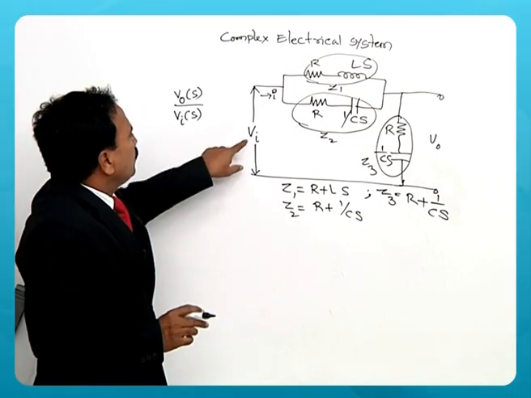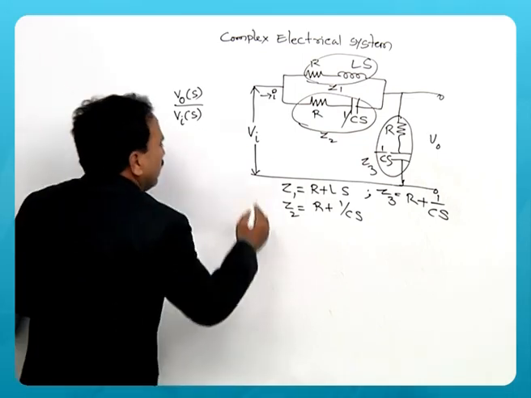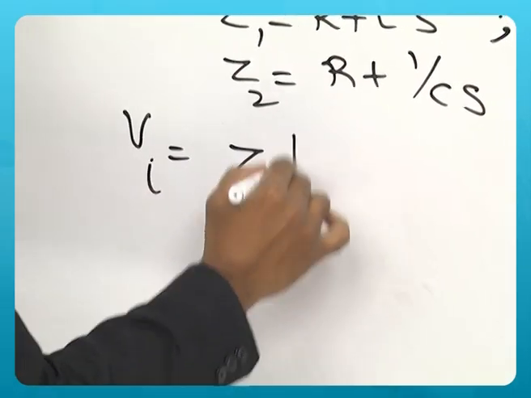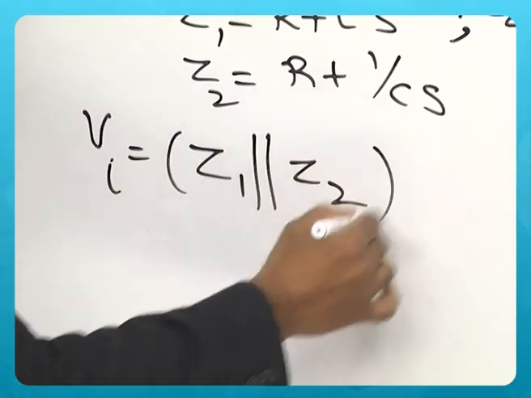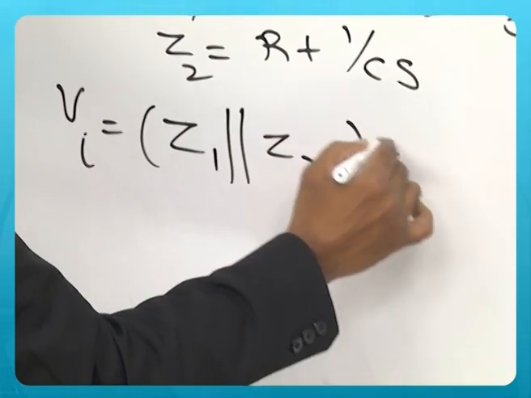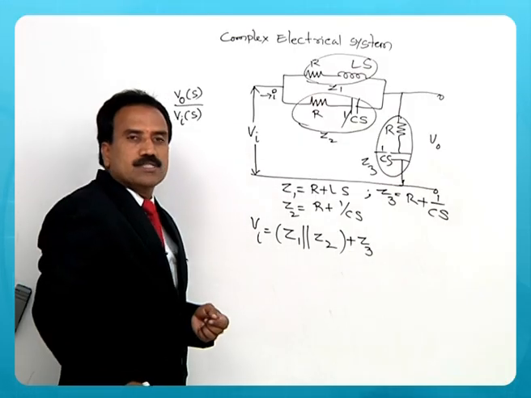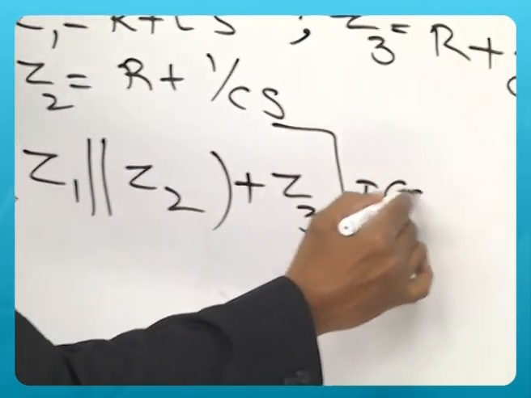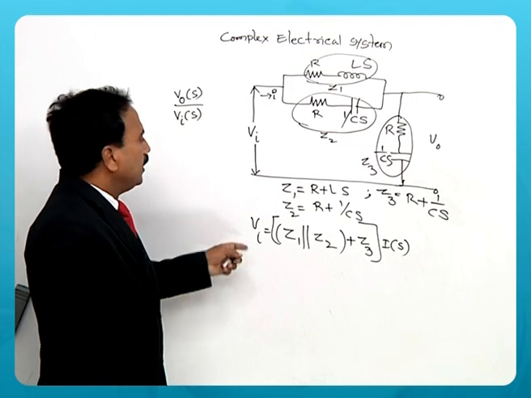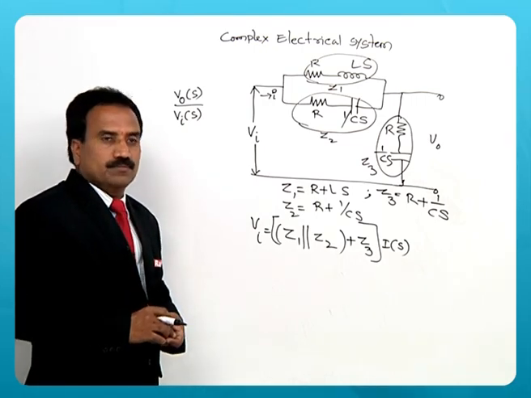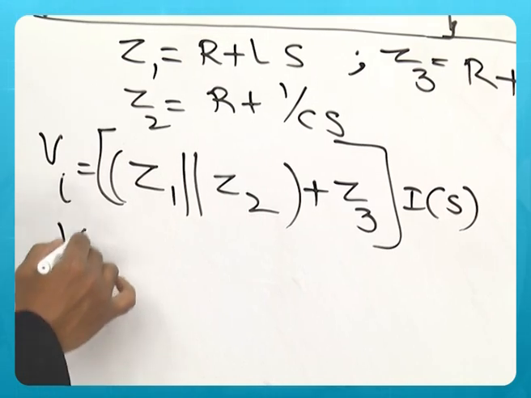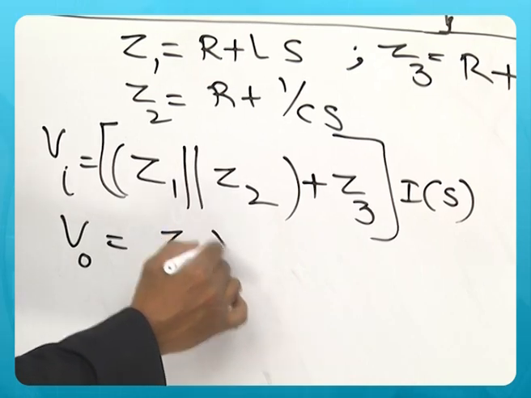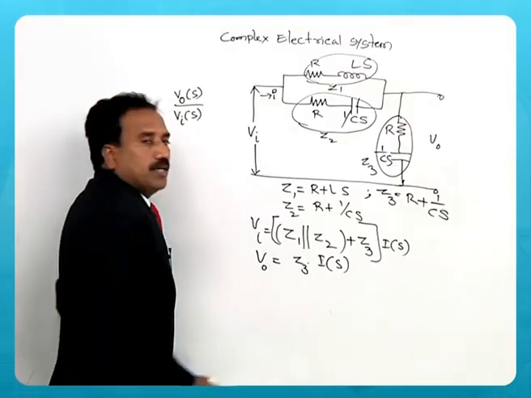So how to write the input voltage equation? Z1 is in parallel with Z2, and that effective impedance is in series with Z3, multiplied by I of s, is Vi. This is the input equation, and the output equation is V0 of s equals Z3 into I of s.